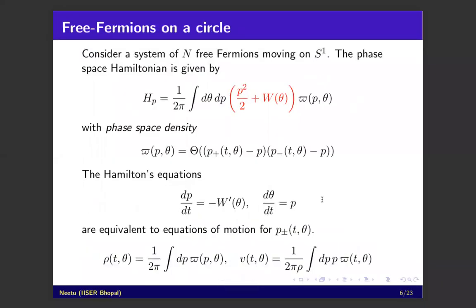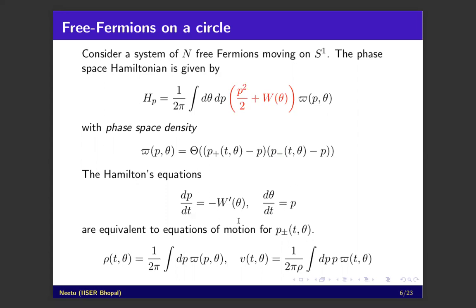So let's consider a system of n free fermions moving on a circle. We can write down the phase space Hamiltonian. The term in red is the single particle Hamiltonian. This pi is the phase space density, which just incorporates the fact that the fermion momenta lie between p minus and p plus. So p minus and p plus correspond to the lower and upper Fermi surfaces of the phase space.